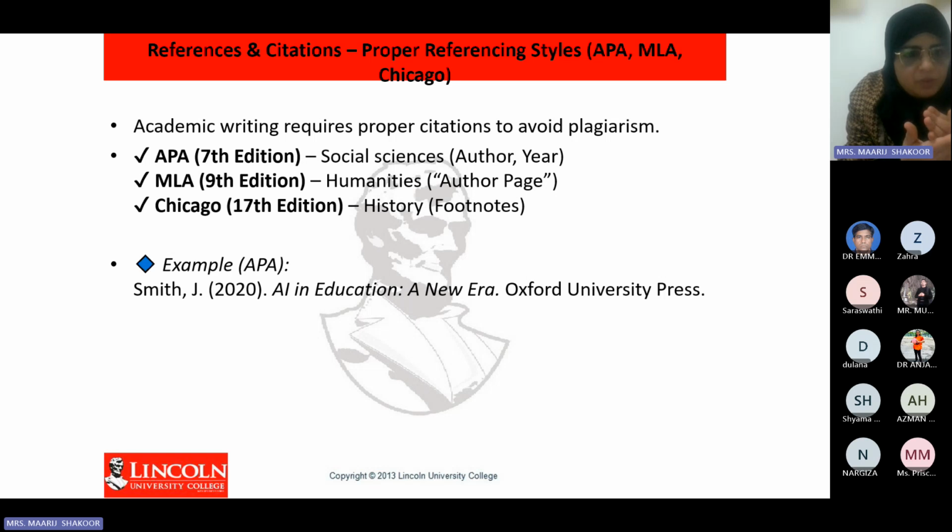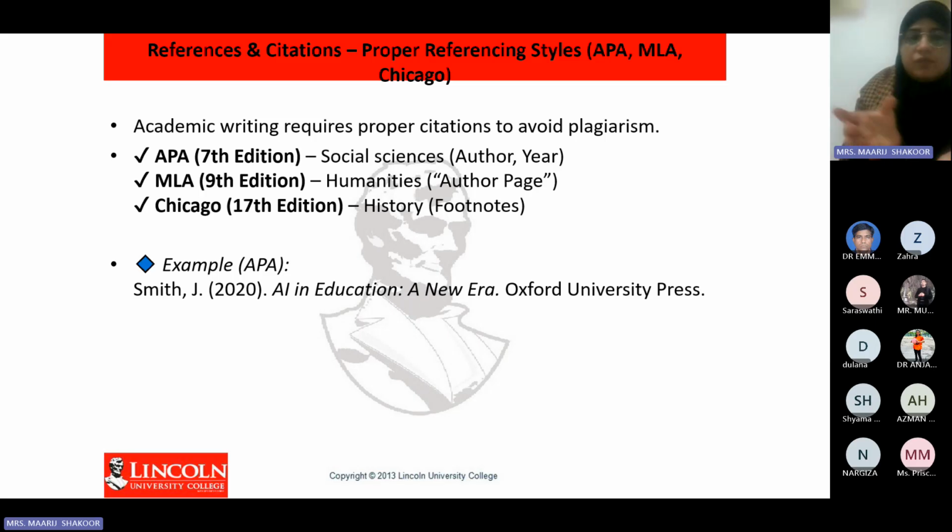If it is APA style, that is seventh edition, for social sciences, author and year you have to mention. MLA style, if it is ninth edition. At the end, it will be fatigue for you to go back and search all the data again. Where did I find this? Where is the site? No, you have to write in this style with the passage of time when you are noting it down. Whether it's Chicago style, 17th edition, history and footnotes.